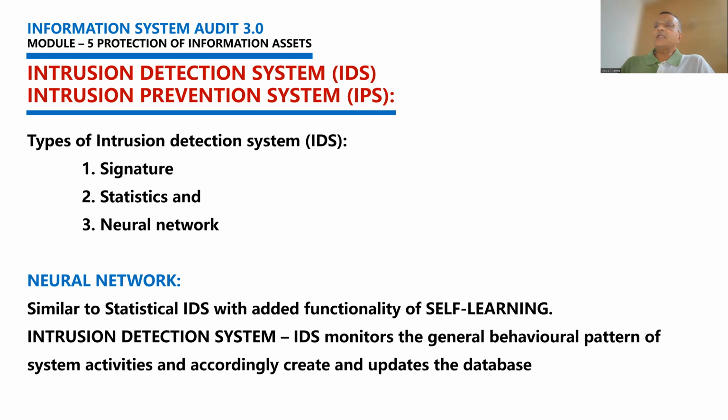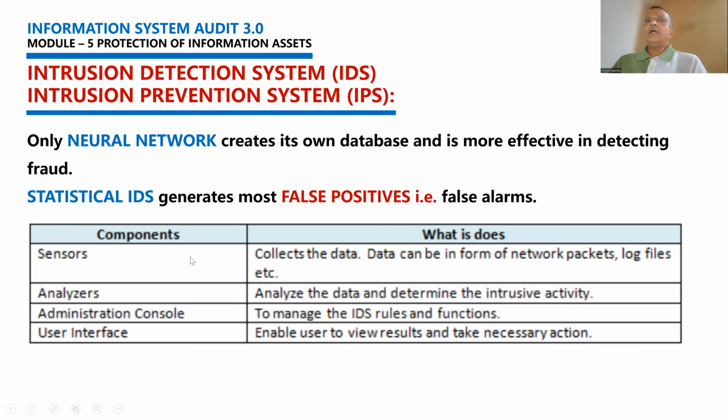They are self-learning: if they find an intrusion activity, they will see what best mechanism can be used to avoid it, and they will keep an imprint of it, and they'll keep on learning from what type of activities happen and what were the key learnings from that particular activity, right? So only the neural network creates its own database and is more effective in detecting fraud. So that's at a high level what you're talking about with a neural network. The system or the network learns from the mistakes or the intrusion activity that takes place in the network.